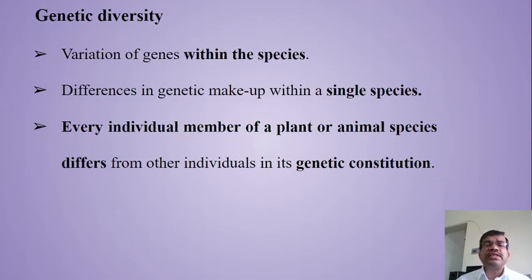Genetic diversity is nothing but the differences that exist among the individuals of the same species or within a species. So in that way, each individual member of a plant or an animal is different, and this difference is due to the genetic constitution.